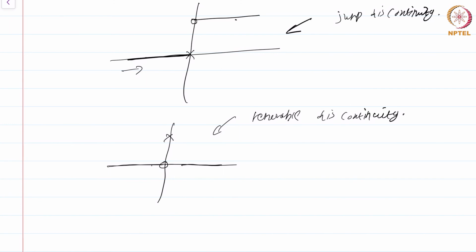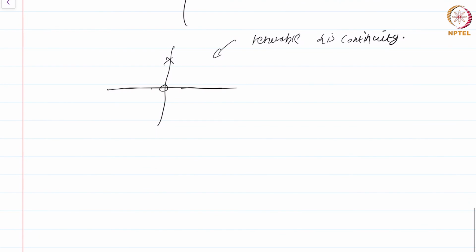Now I want to end with one more remark, which is essentially going to be an exercise. Remark. Suppose S is a set that has arbitrarily large elements.